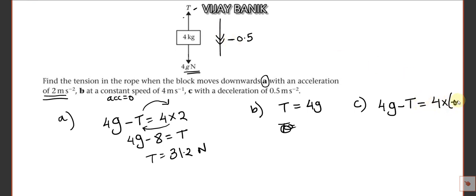A is minus 0.5, so can I write 4g minus T is equal to minus 2? T on the other side: 4g plus 2 is equal to T. So 4 into 9.8 plus 2 is 41.2. T is equal to 41.2 Newton.